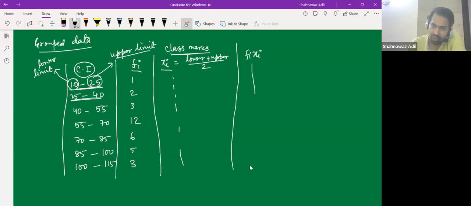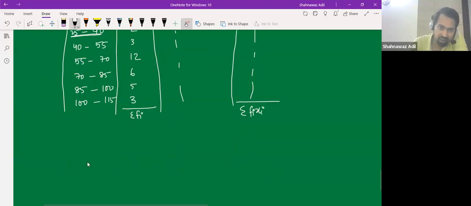And then we calculated the total of all these, summation of fixi, and this is summation of fi. From this, we calculated the mean, which was x bar, which is summation of fixi divided by summation of fi.